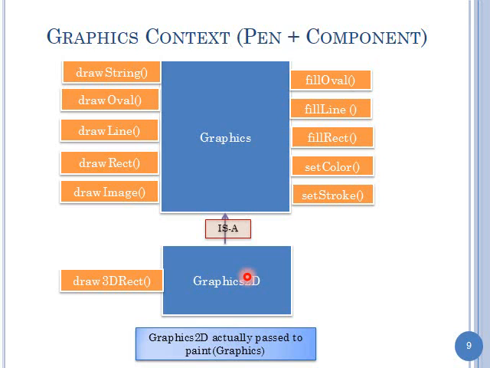You need to do some casting, which we'll see later. So I've shown draw 3D rect as a method here, but I have a feeling that set stroke may also be here. I forget. These are details, and I can only remember so much. So that's my pen.